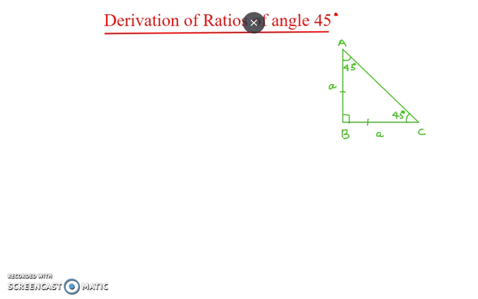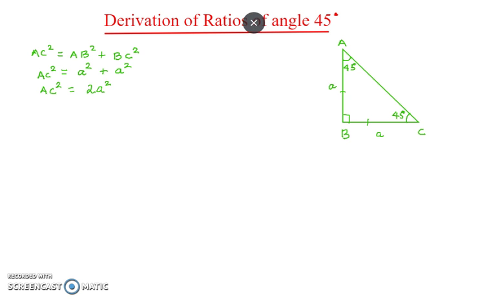Now using Pythagoras theorem, I can find the length of AC. Pythagoras theorem says that the square of the hypotenuse equals the sum of the squares of the other two sides, that is AC square equals AB square plus BC square, right? Now AB is nothing but a, and BC is nothing but a, so AC square equals a square plus a square, or AC square equals 2a square.